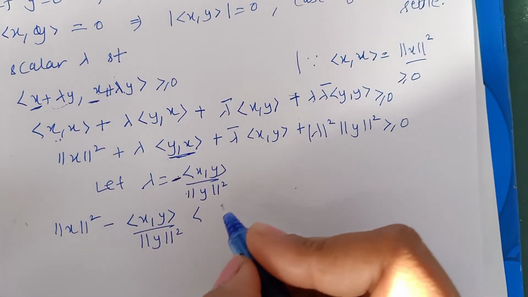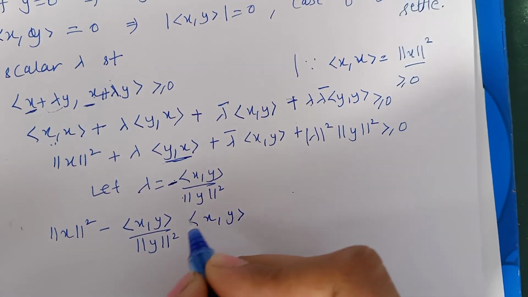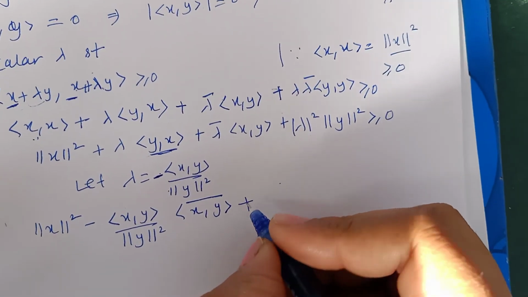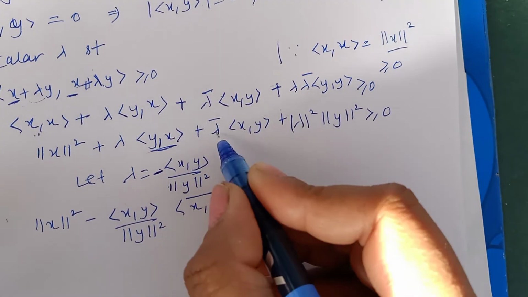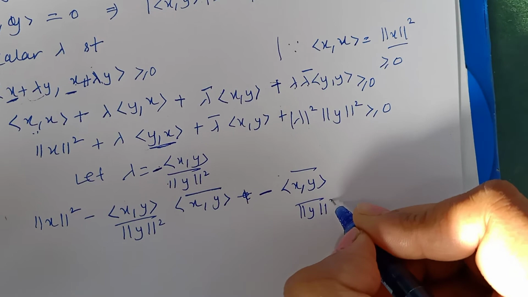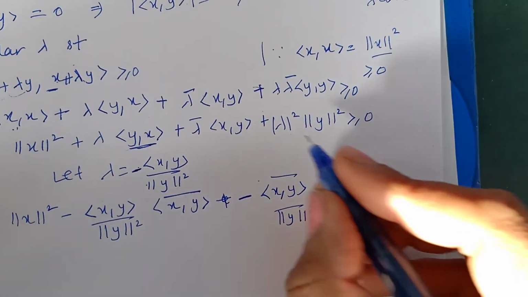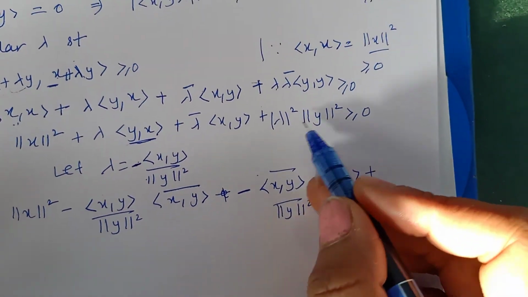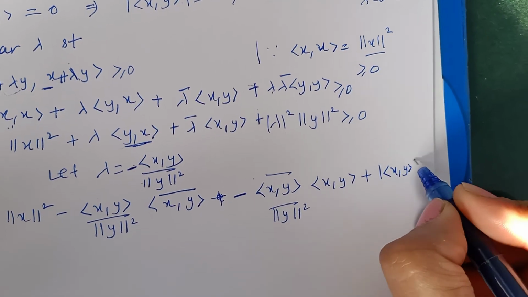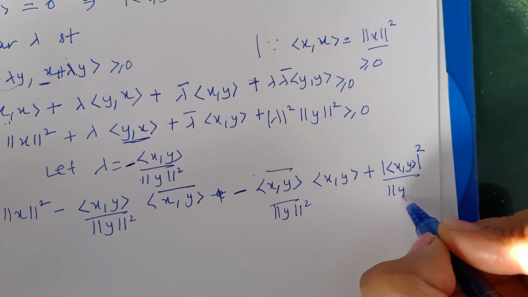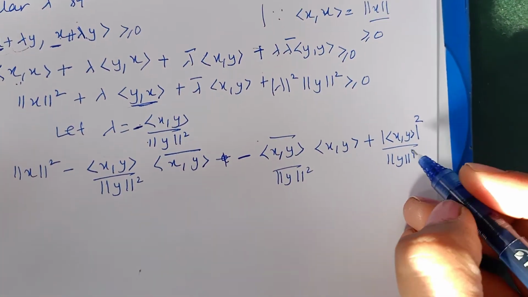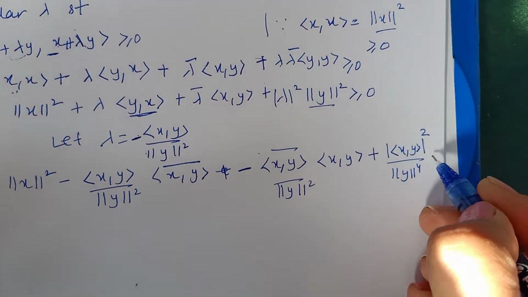Now we know from our information from inner product space that the inner product of y comma x can be written as x comma y conjugate, and then substituting this value of lambda bar, it will become x comma y bar upon norm of y square into the inner product x comma y, plus, when we take mod of lambda square, that will be basically mod of the inner product of x comma y square upon norm of y raised to power 4, so into norm of y square over here.